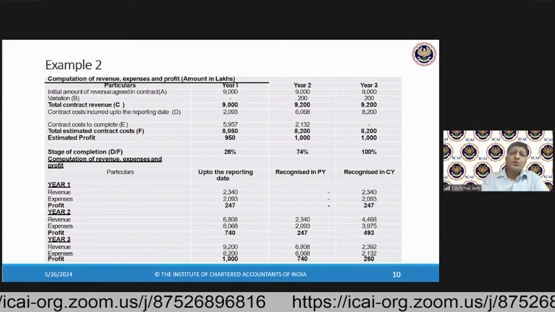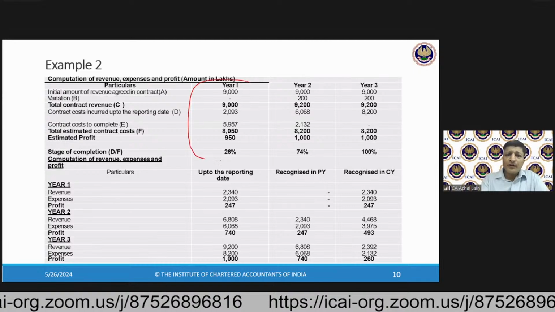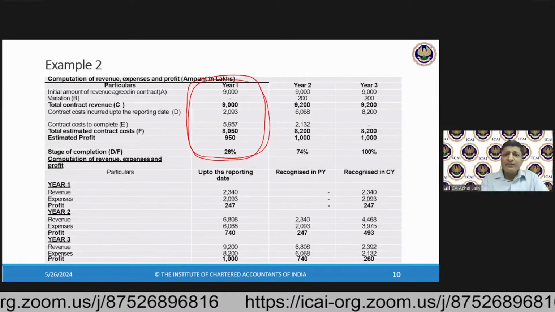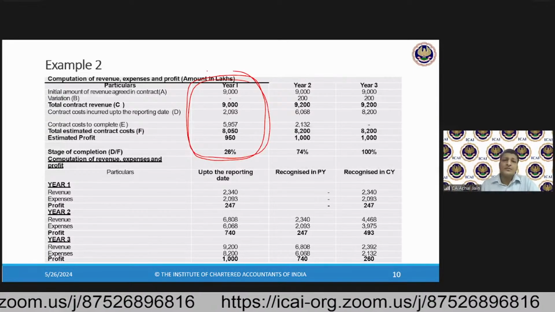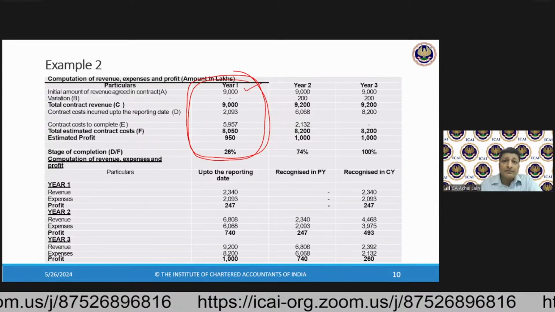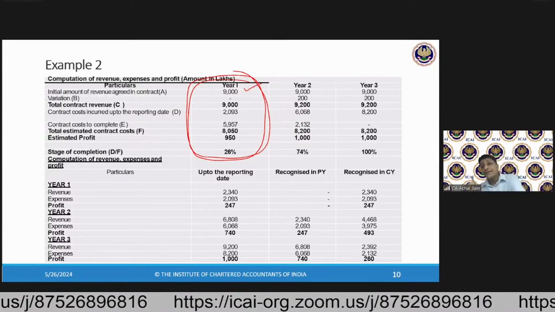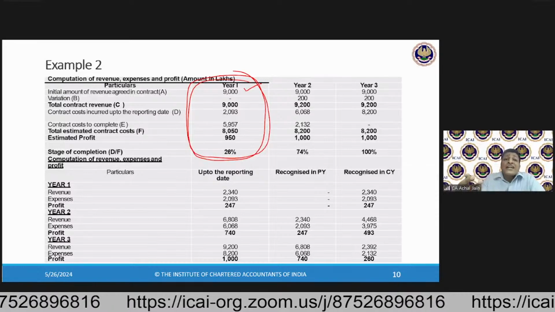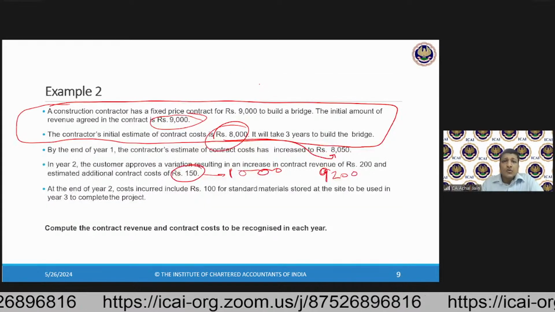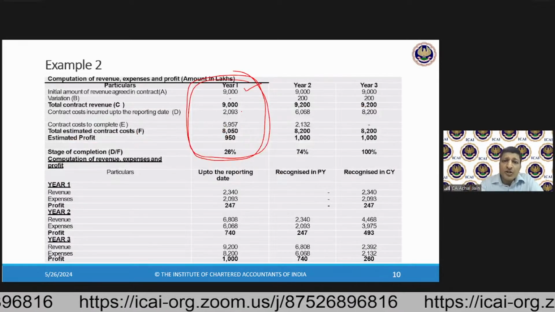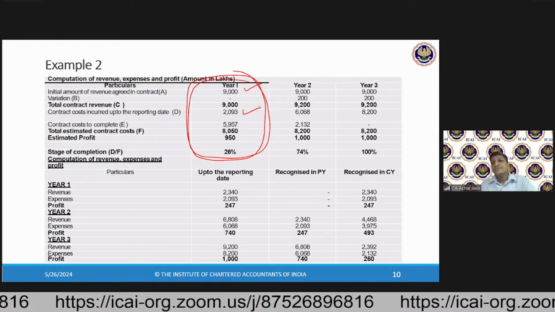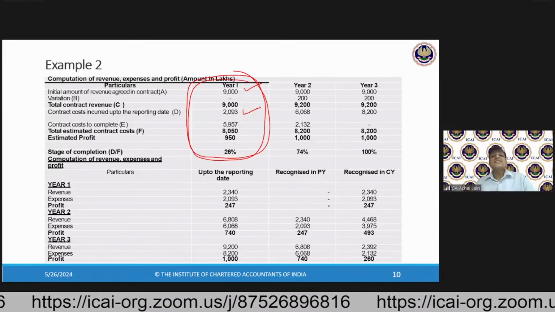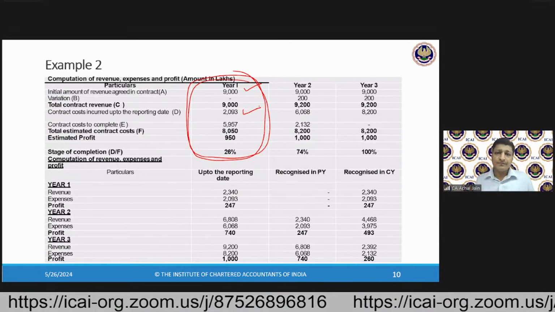Let's look at this part first of all. In year 1, what was the amount of revenue? 9000. I'm saying year 1, please, not year 2. And in year 1, what is the amount of actual cost? You should assume this is given in the question: 2093. 2093 is the actual cost which has been incurred.